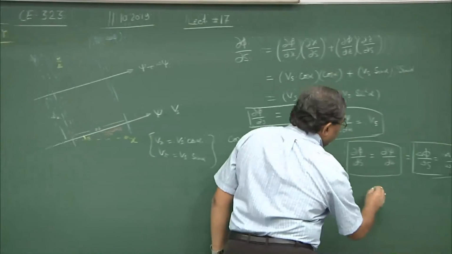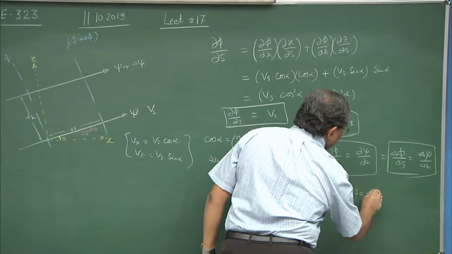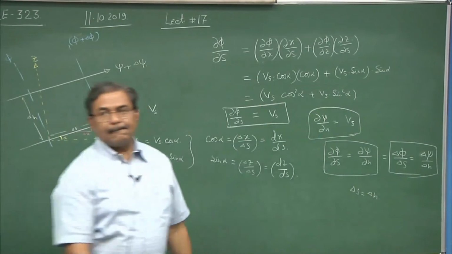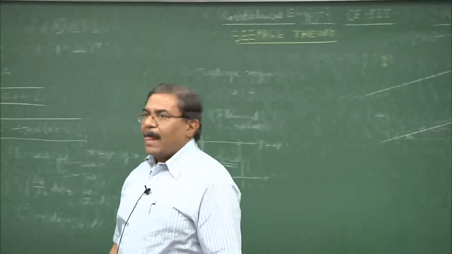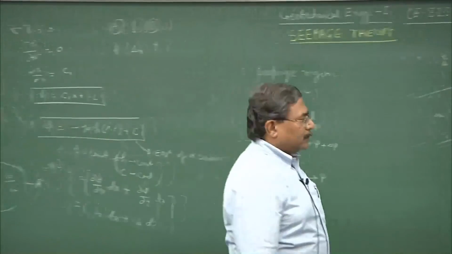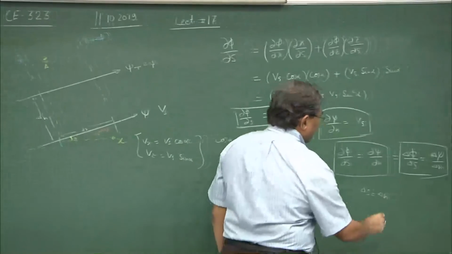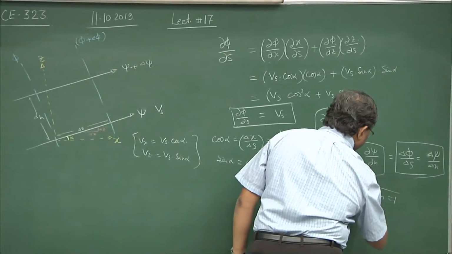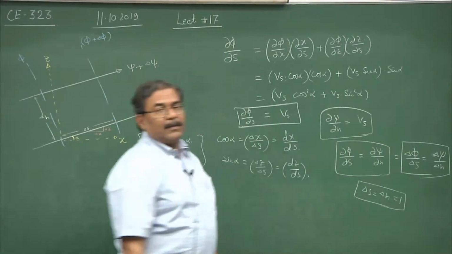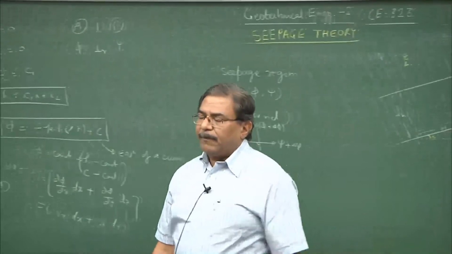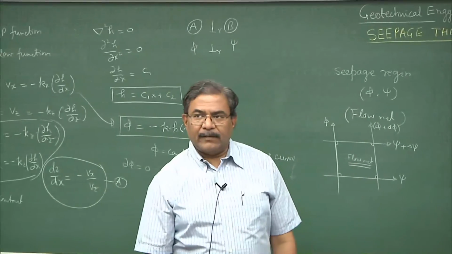Now, if I put a condition that delta s is equal to delta n, and suppose to simplify things, if I make it equal to unity. So, this is the typical property of a square.